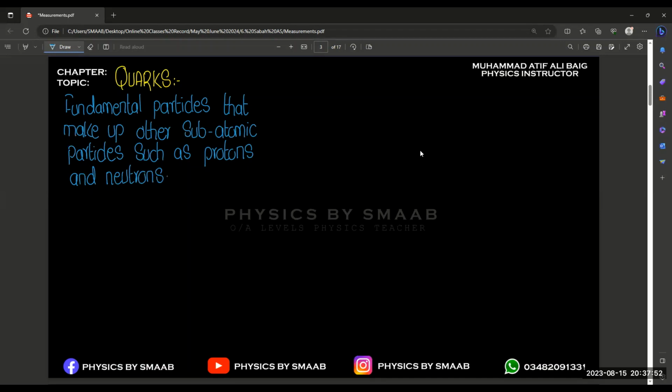So now you are getting the concept that if we are going to make one proton or one neutron, the formation behind the proton and neutron is the quarks. Basically, quarks combine and make protons and neutrons, right? So this is like the positive and the neutral category.